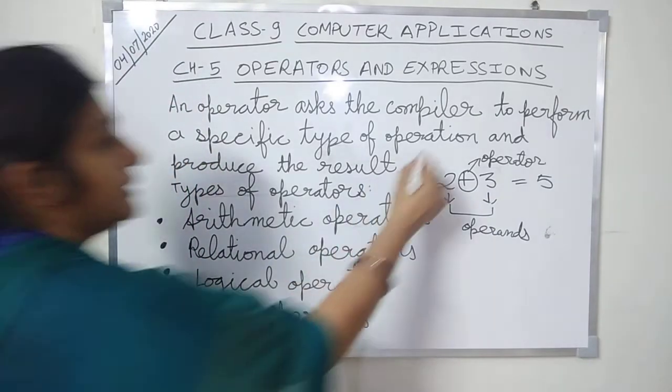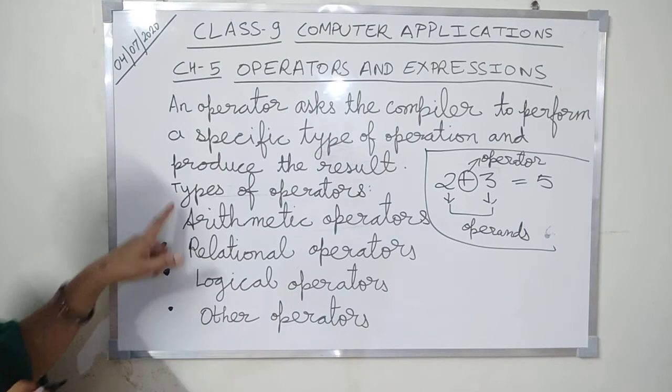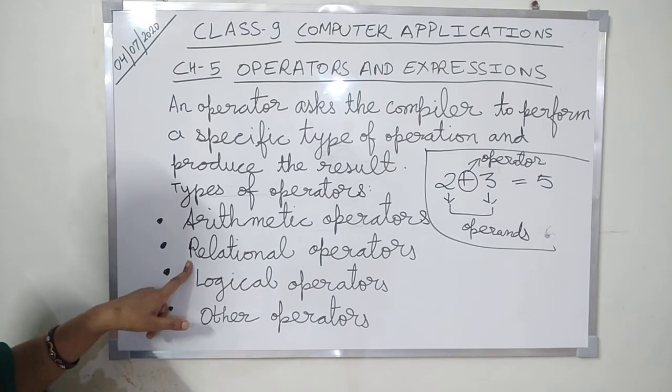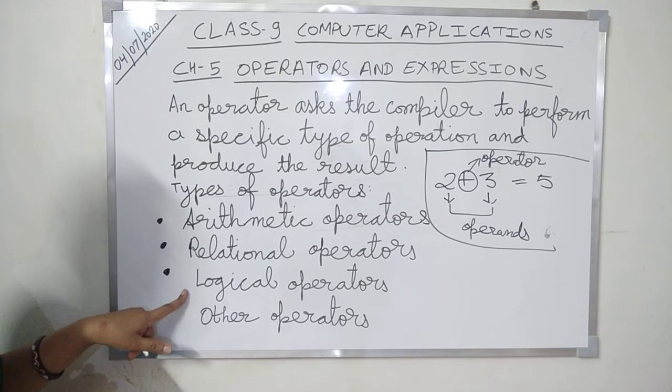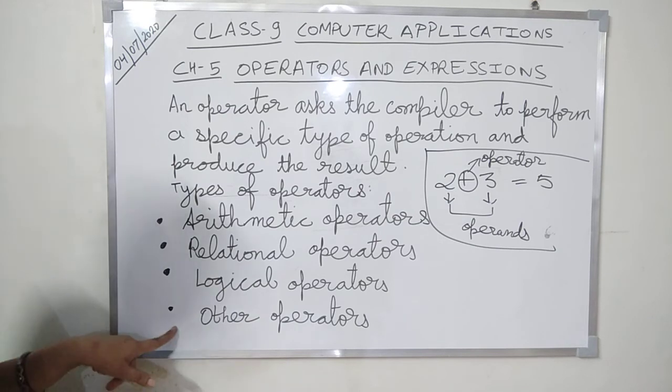In Java, which types of operators can we use? We can use arithmetic operators, relational operators, logical operators, and some other operators like the dot operator and the new operator.